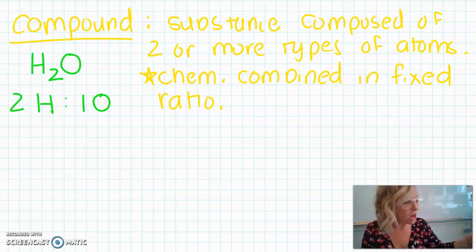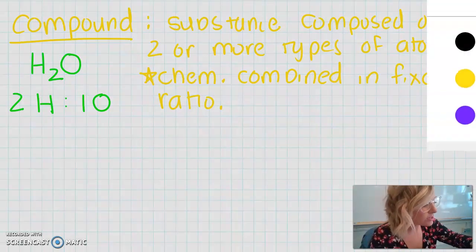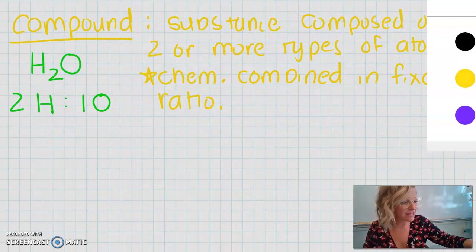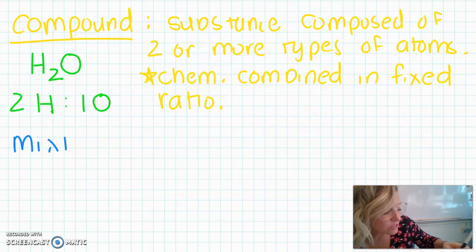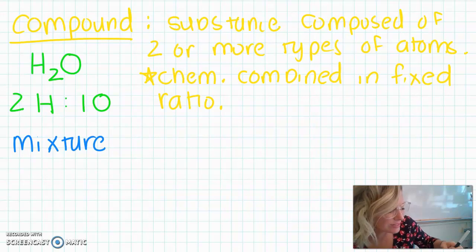All right, that leaves us with one more type of substance to talk about, and that's going to be a mixture. Now, a mixture is actually very similar to a compound. There's just a few small words in the definition that are very, very important.